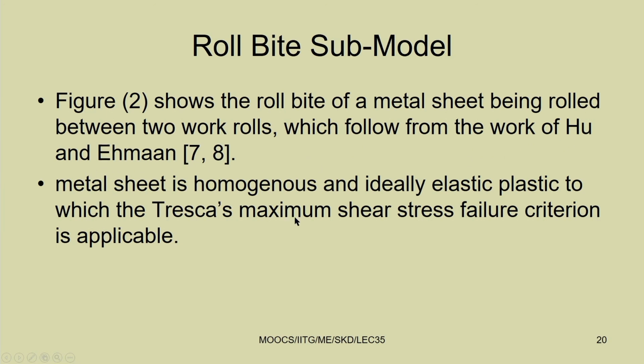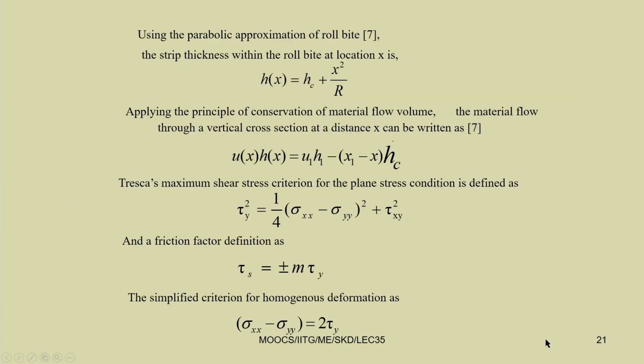The metal sheet is homogeneous and ideally elastic plastic, for which the Tresca maximum shear stress failure criterion is applicable. So, using that criterion, the mathematical model has been developed, using parabolic approximation of the roll bite.